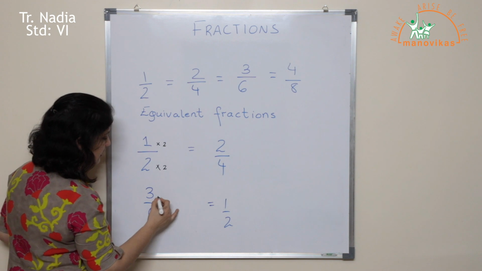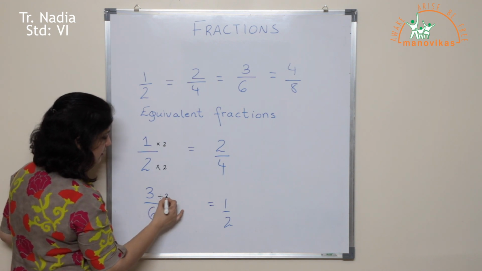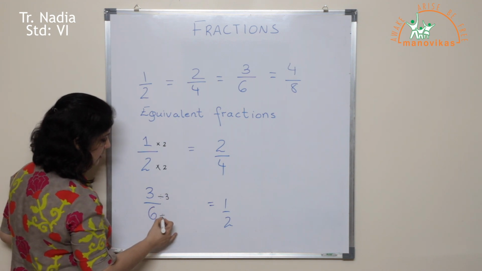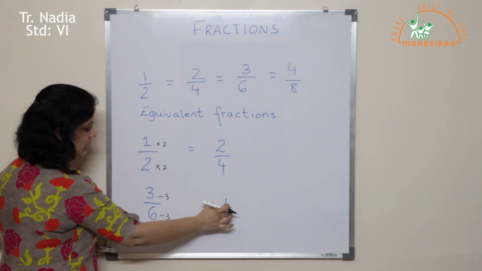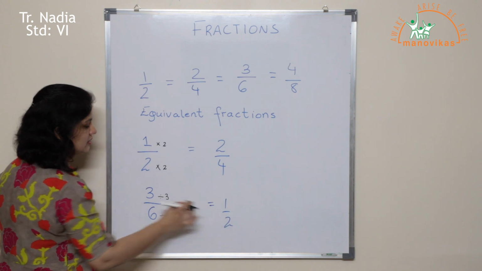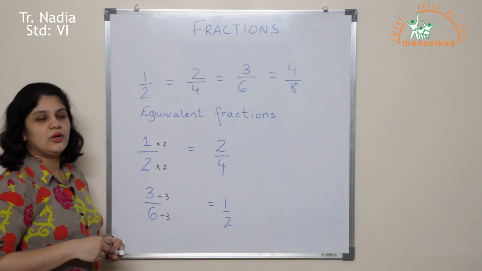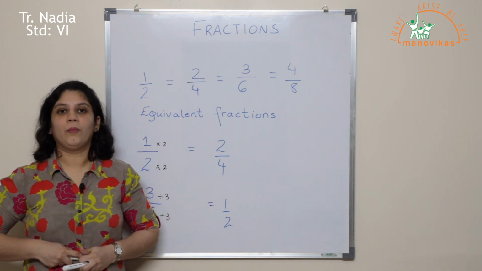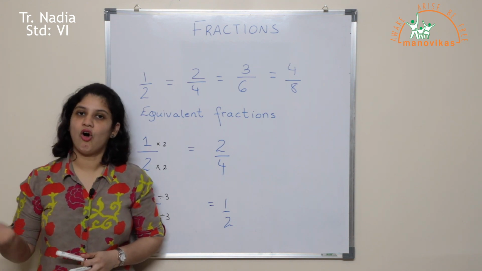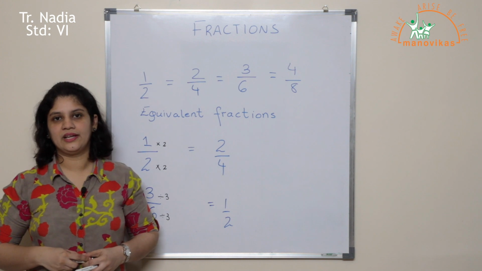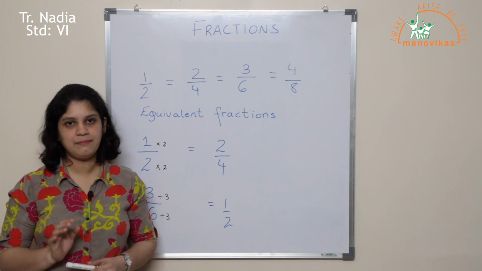So 3 upon 6, I am going to divide by 3 in the numerator and 3 in the denominator. 3 divided by 3 is 1, 6 divided by 3 is 2. So equivalent fractions can be obtained either by multiplying the numerator and denominator or by dividing the numerator and denominator by the same number.